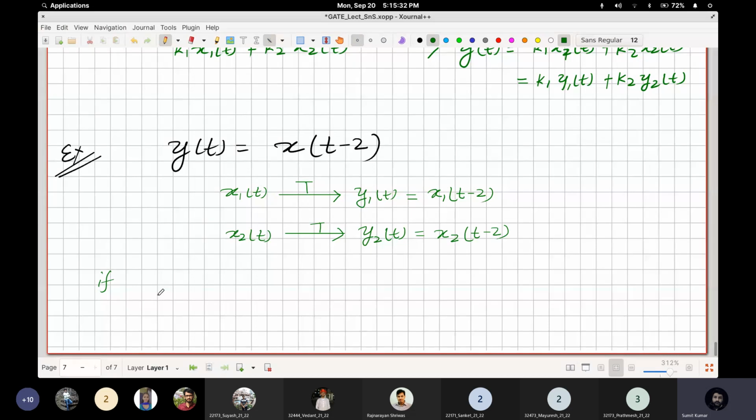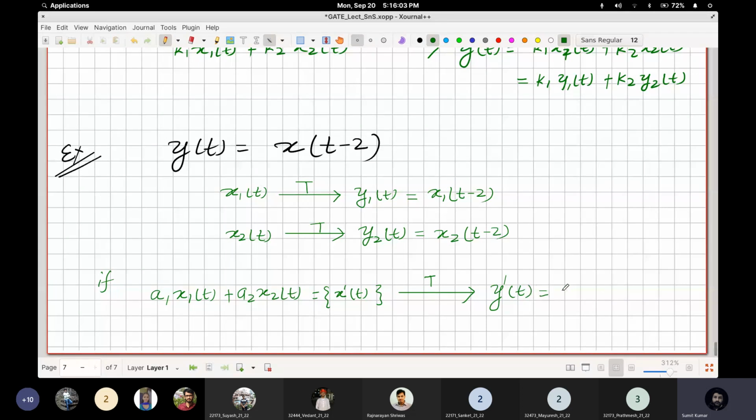Now I will give this system input a1 x1(t) plus a2 x2(t), where a1 and a2 are constants. I write this as x dash (t) so that it will be easier to write down what my output is going to be. Let me assume the output is y dash (t).